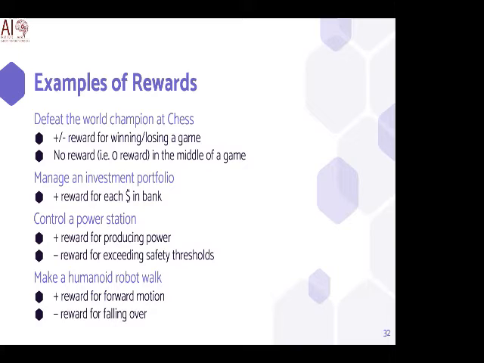What you'll see common among these is that controlling a power station has fewer toggles. Chess, even though the state space is large, has at least a limited number of actions. Managing an investment portfolio or a humanoid robot walk is a more complex task, so reinforcement learning takes a bit longer.